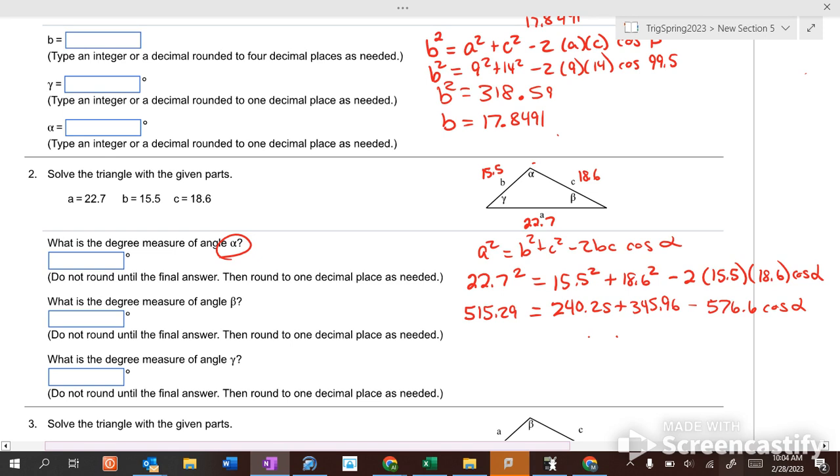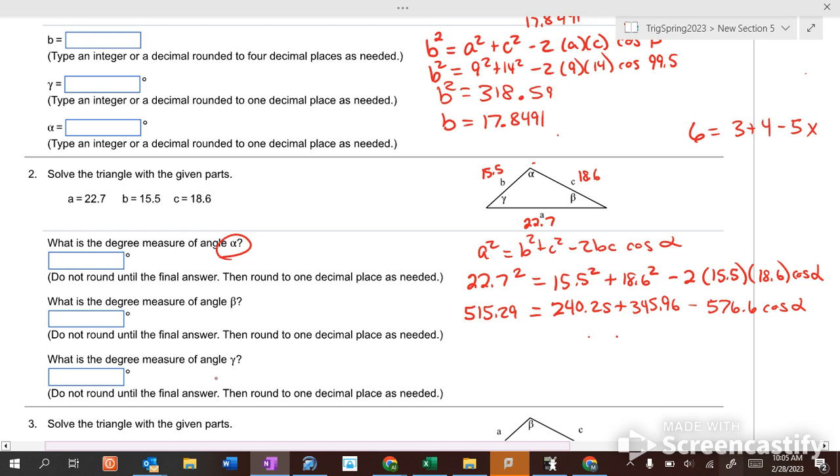Now, can I just take this plus this minus this? The answer is not quite. Because if we had 6 equals 3 plus 4 minus 5x, do we take 3 plus 4 minus 5?